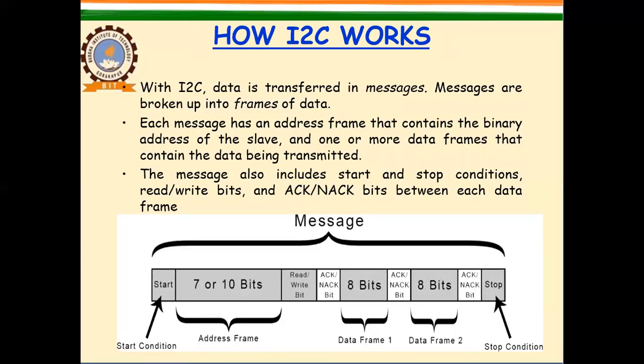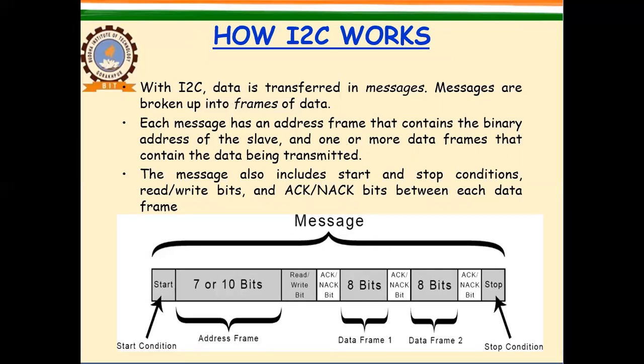Now we see how the I2C protocol works, how the communication based on the I2C protocol works. With I2C, data is transferred in messages. Messages are broken up into frames of data. So in the first line, again, there is a difference in the working procedure from SPI.